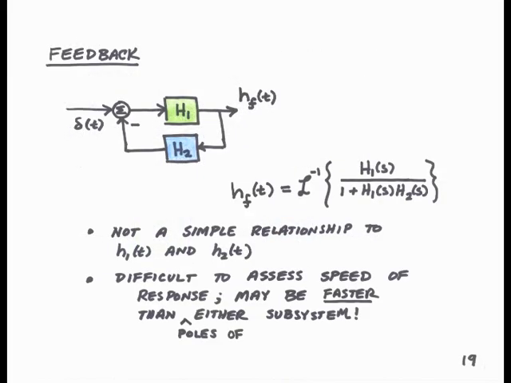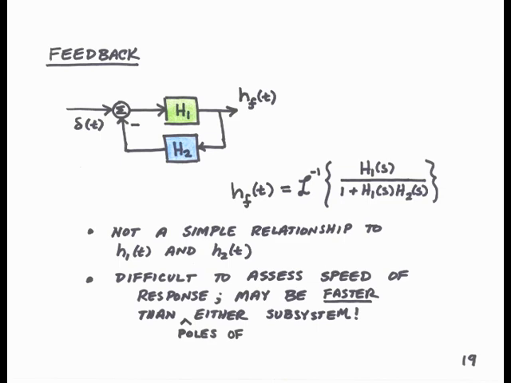Unfortunately, there are no similar results for the feedback interconnection. It's very difficult for us to assess what the impulse response of the feedback interconnection is like in terms of the impulse responses of the individual subsystems. The relationship is just not simple at all.